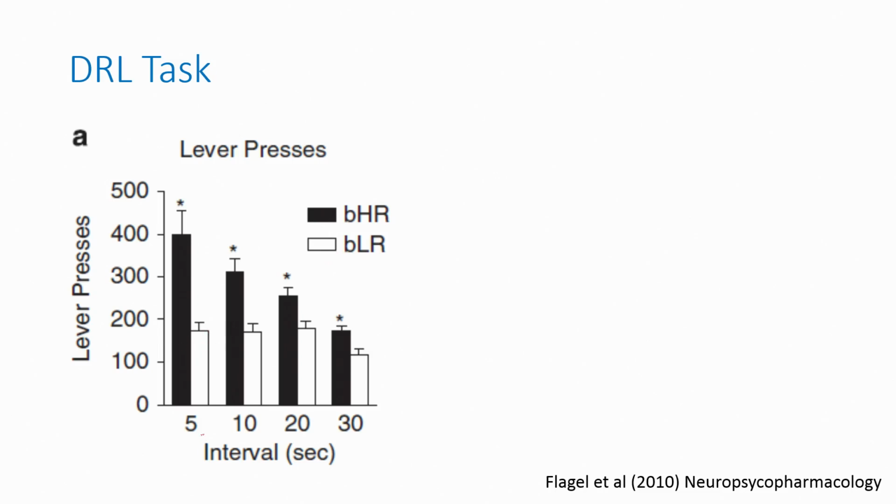So, you can see that as a function of these different time intervals, the low responsive group has a constant response; it does not change their responsivity at all. However, this interval has a huge effect on the high response group.